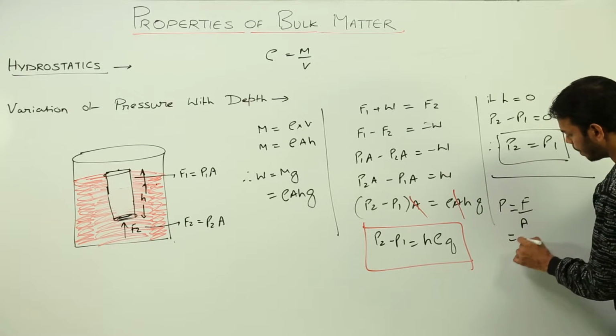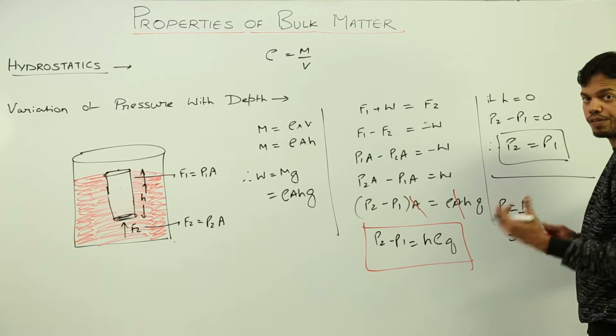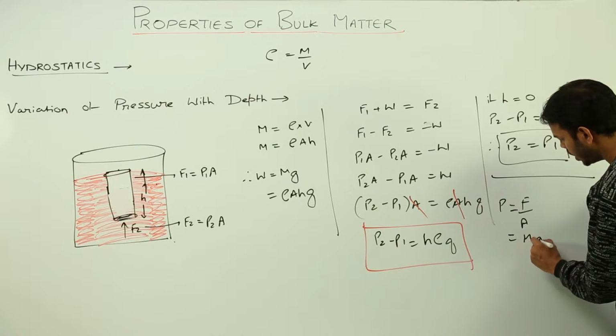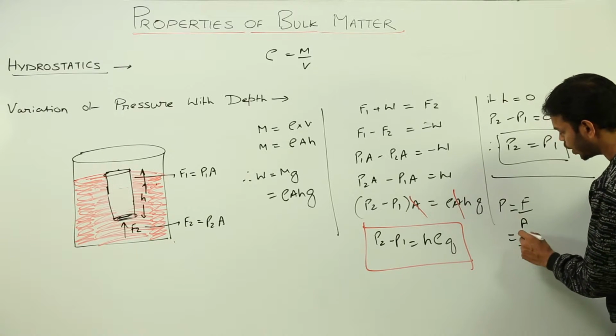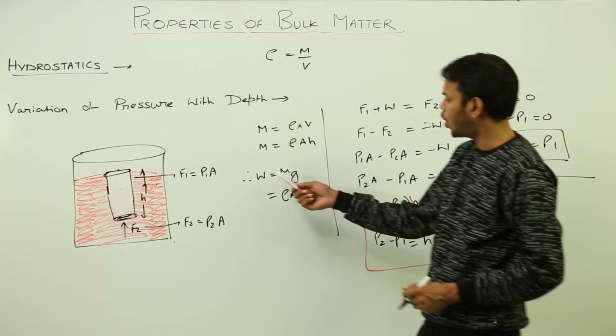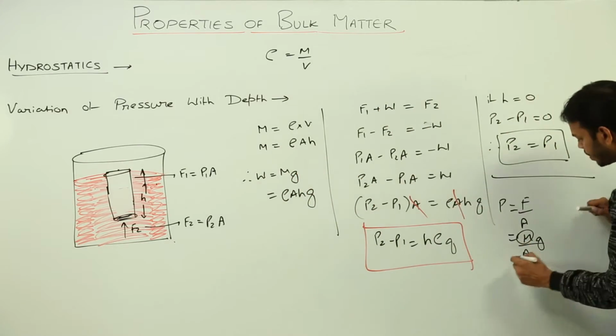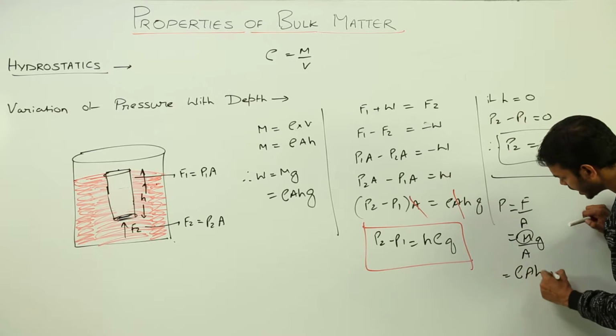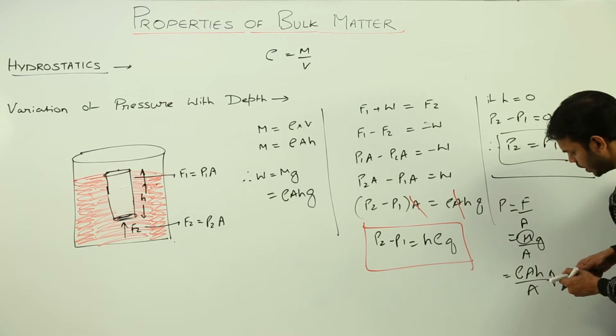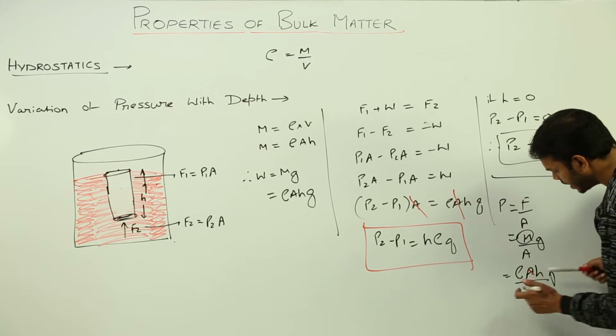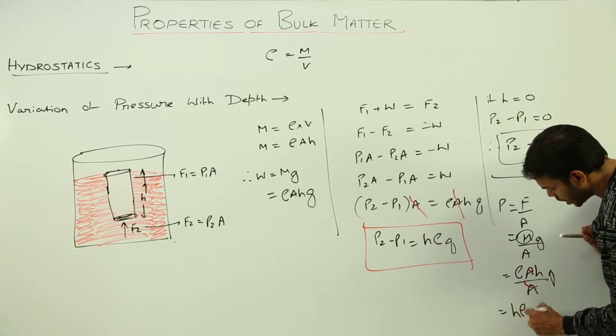What is force? Mass times gravity, so F is mg, m into g upon A. What is m? Volume into density, rho A H, multiplied by g, upon A. The A cancels out, and you again get rho H g, or H rho g.